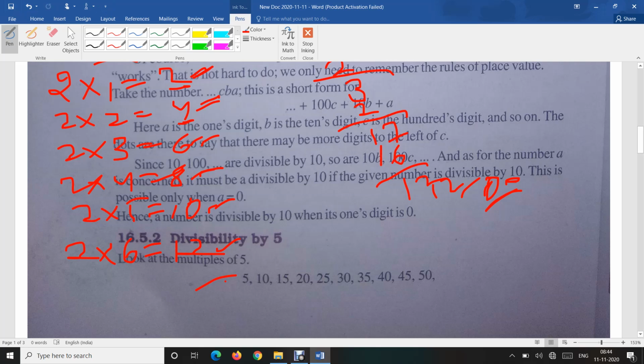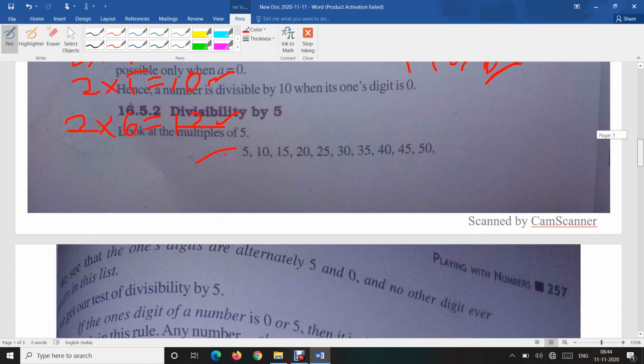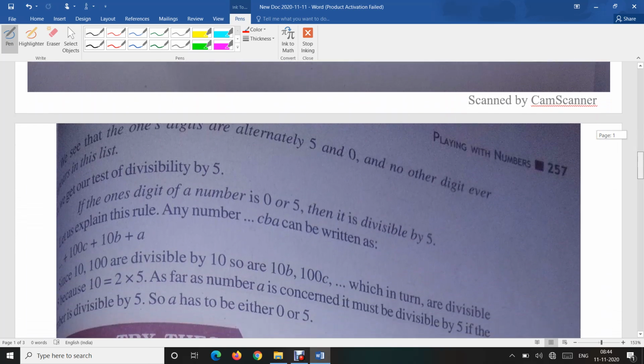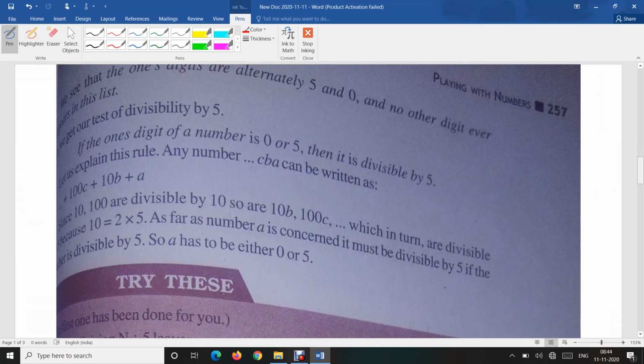Hope you understand this. Now the next is 5. Divisibility by 5. What do we mean by divisibility by 5? You have to check whether any particular number is divisible by 5 or not.